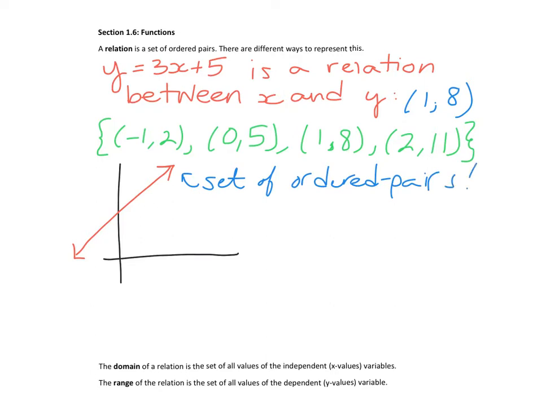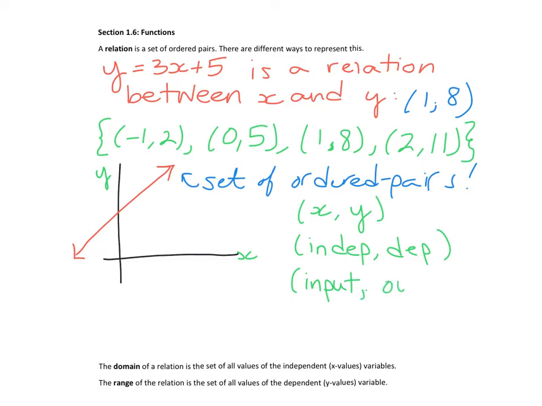I wanted to also take a moment, since we're talking about ordered pairs. We have our x and our y values to get our ordered pairs. We talked about how our x is our independent variable and how our y is our dependent variable. Sometimes with functions in this chapter, we're also going to see we can think of independent as what we're putting into an equation, and the y value is what we're getting out, so an output.